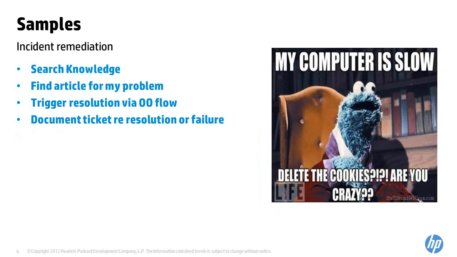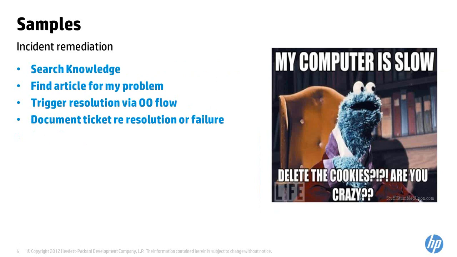What we have deployed for you is an incident remediation capability that automates that behavior and frees up your service desk. The way we do that is that we put a knowledge document into the knowledge base. A user comes into the self-service portals or into SRC, or gets into service management, searches the knowledge base, identifies the problem that they've encountered, and finds the article that describes the mitigation or remediation for their problem.